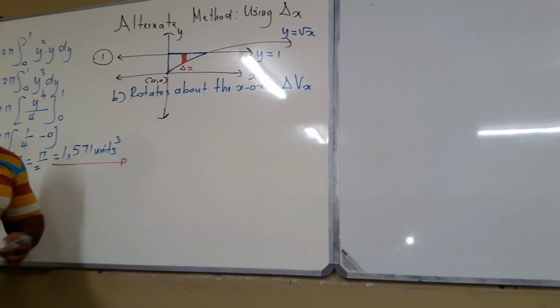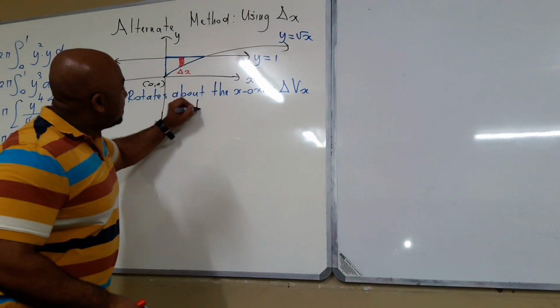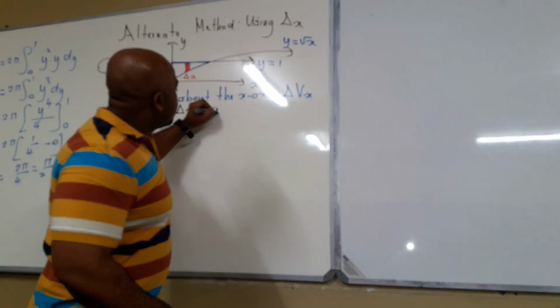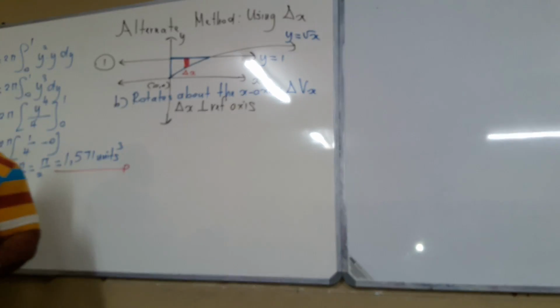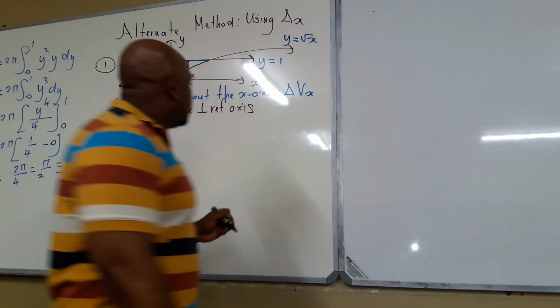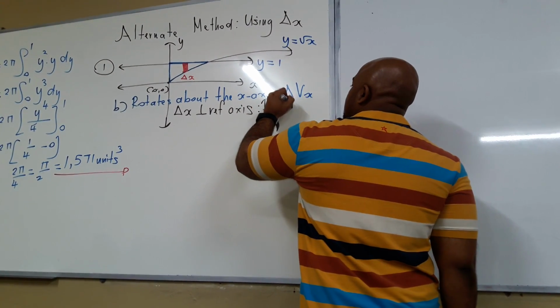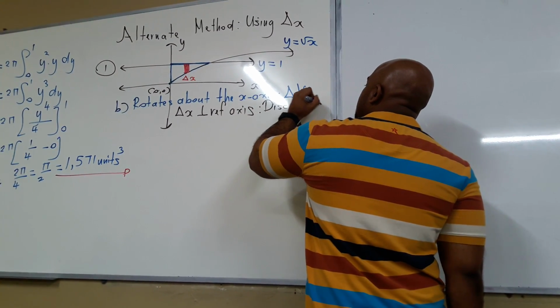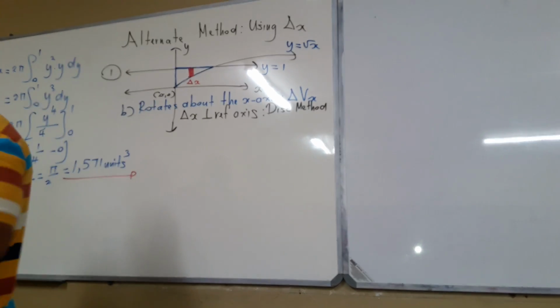It is perpendicular. So, delta x is perpendicular to the reference axis. If it is perpendicular, what technique do we use? We use the disk method.